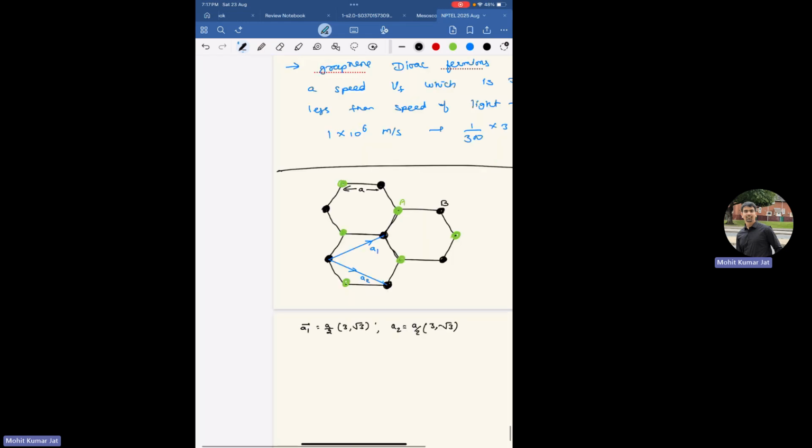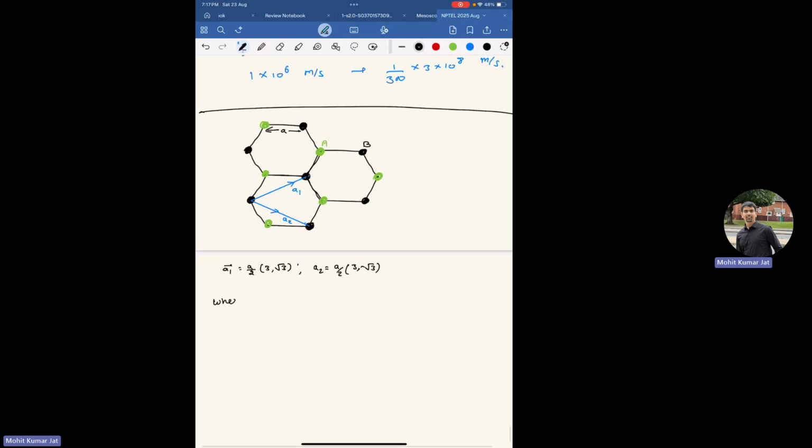Now, a is actually 1.42 angstrom, the carbon-carbon distance.